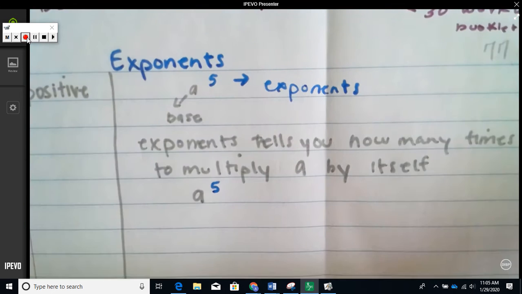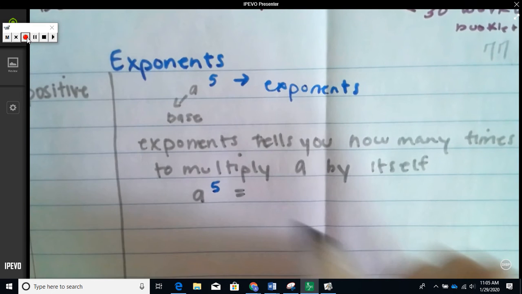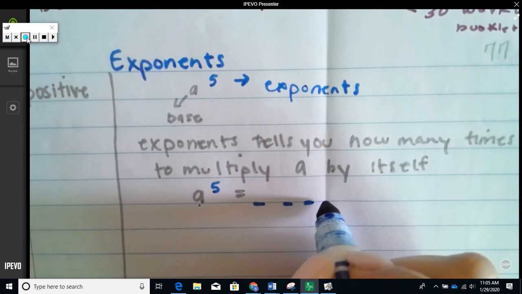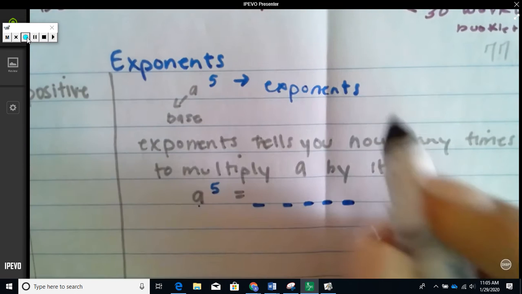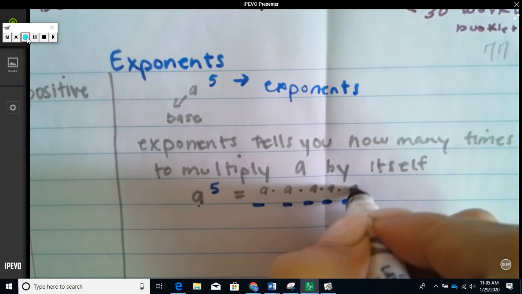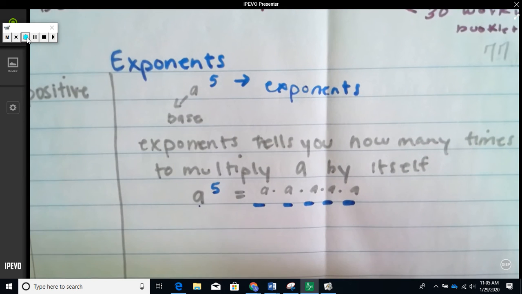So a to the power of 5 means you're multiplying a times itself 5 times: a times a times a times a times a. So that's what that means.